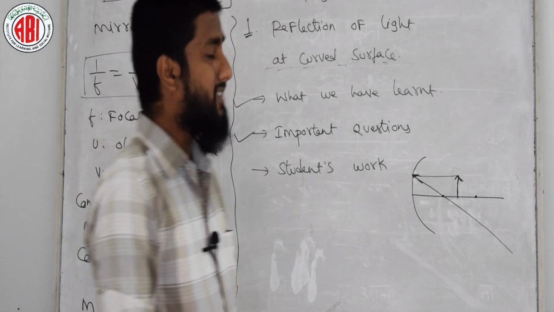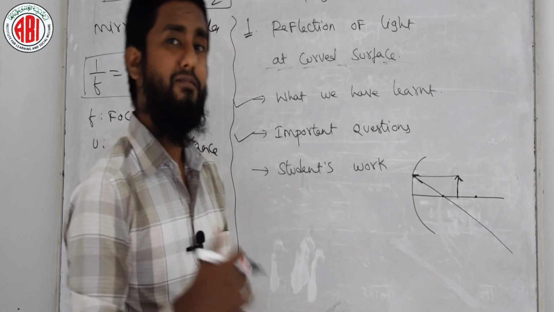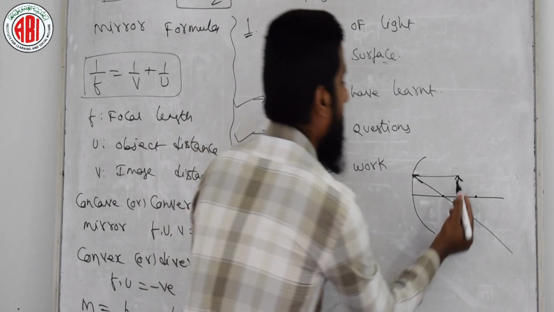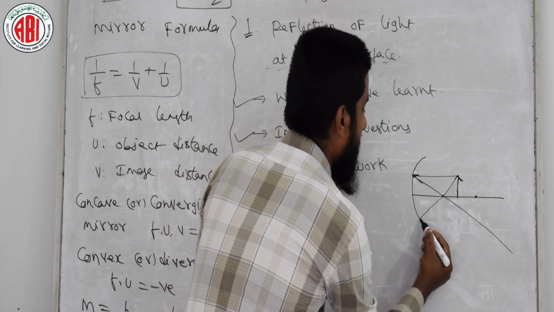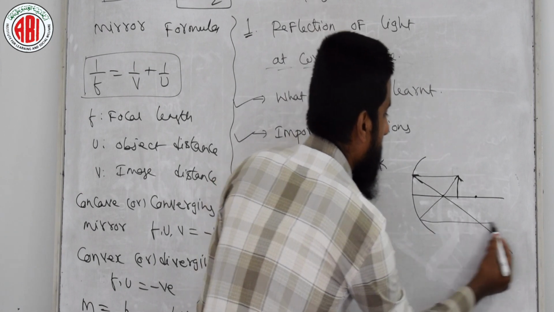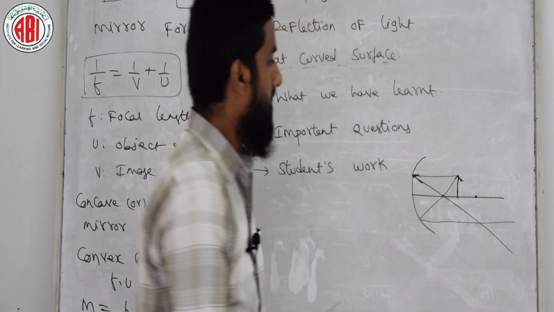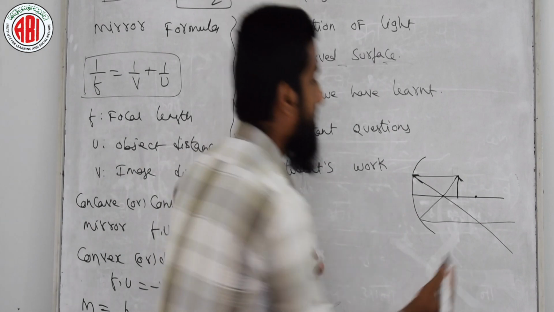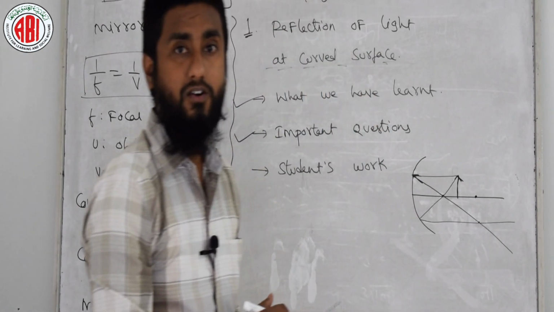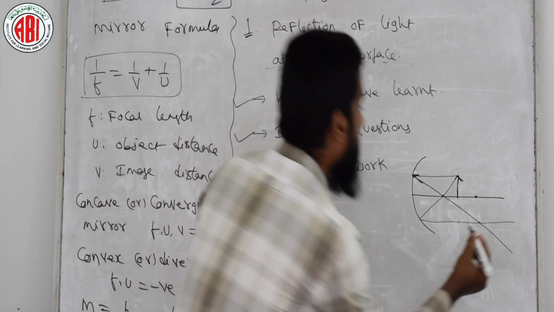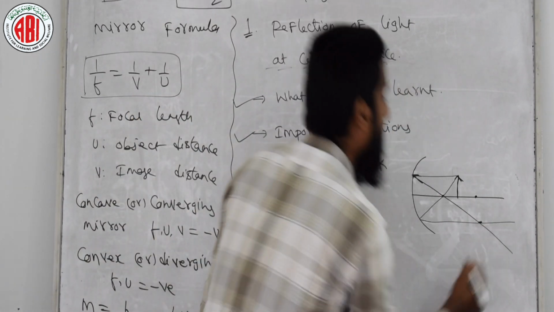The second rule: we have many rules, but the next rule I am applying is that when the light ray passes through the focus, after reflection it becomes parallel to the principal axis. So you can see, students, where the image forms, somewhere here.